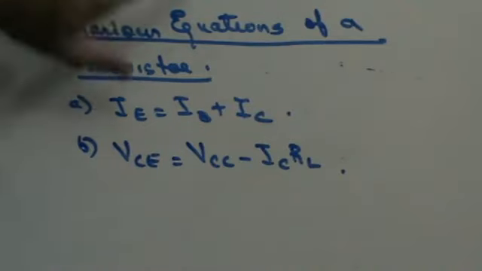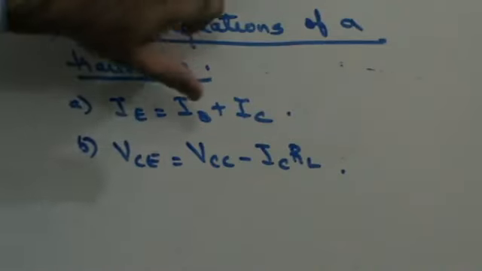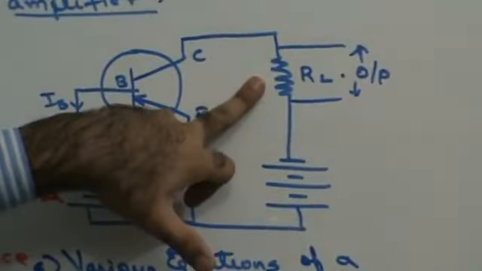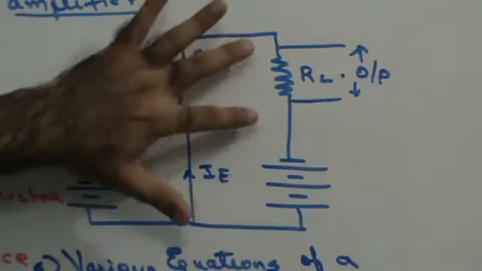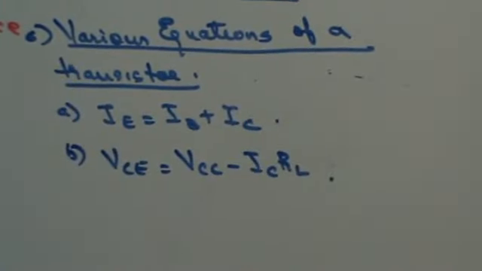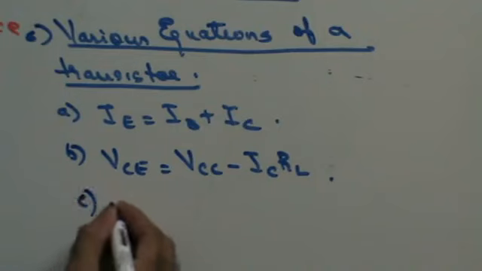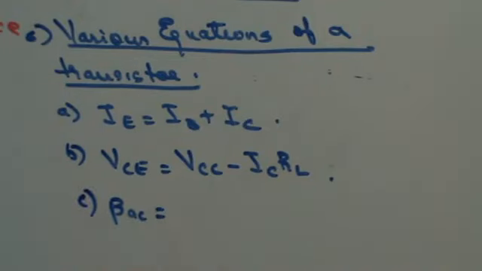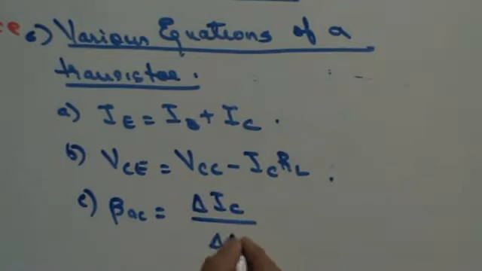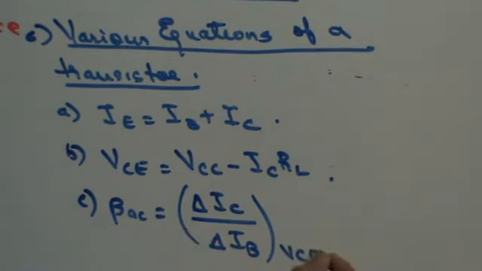The voltage drop across the collector and the emitter is nothing but the voltage supplied minus the potential drop across the load resistance, right? Then I can say that the AC current gain, I already told you, is nothing but the change in the collector current to the change in the base current, keeping the collector voltage constant. Fine, do we get this thing here?